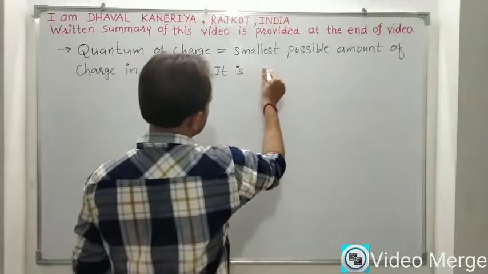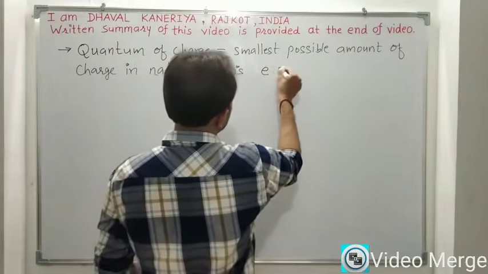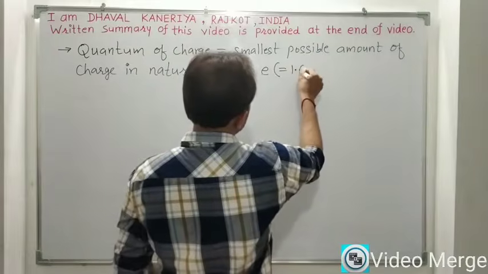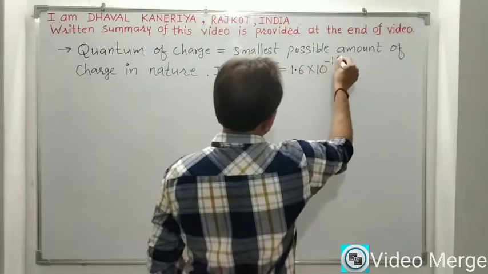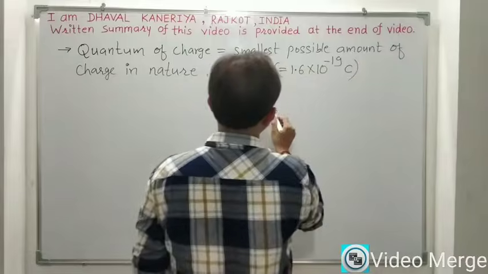It is e equal to 1.6 into 10 power minus 19 coulomb.